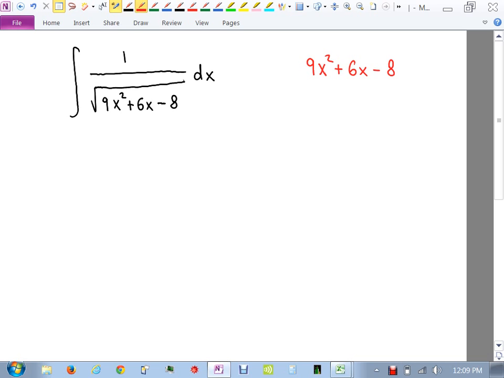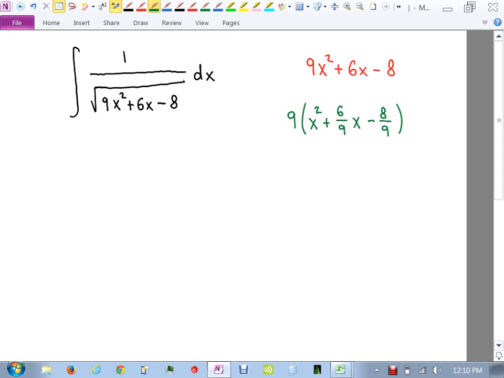First things first. In order to complete the square on anything, you must have a leading coefficient of 1, which means the number in front of x squared must be a 1. So I'm going to factor a 9 out. If I factor a 9 out, I get my x squared in the beginning, but I can't take 9 out of 6, so I write it as 6 over 9, x. And then I can't take 9 out of 8, so I write it as minus 8 over 9.